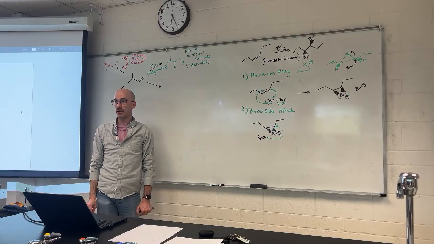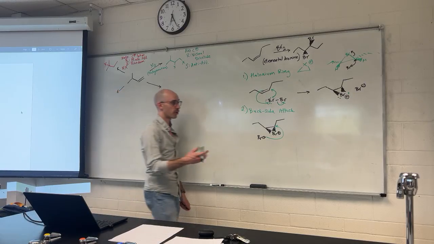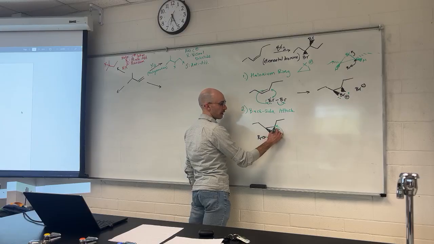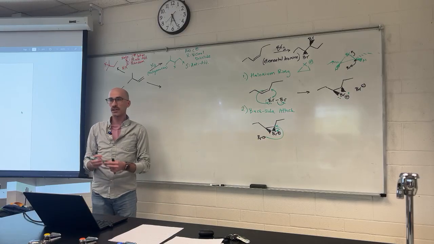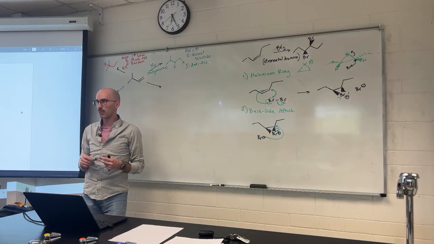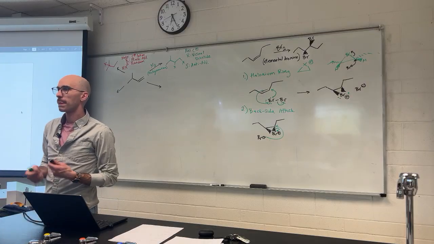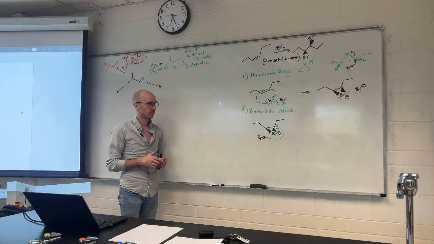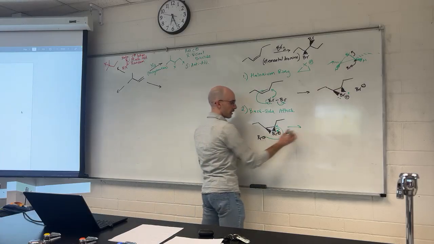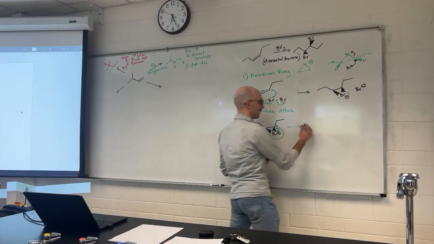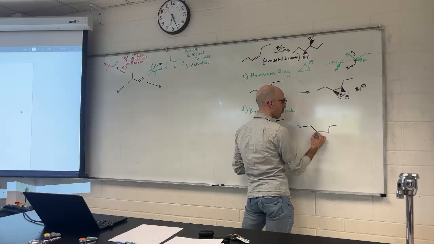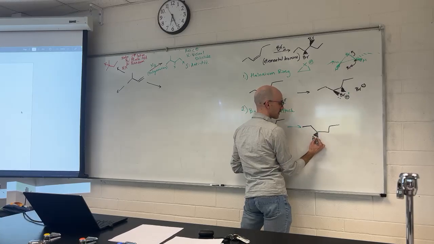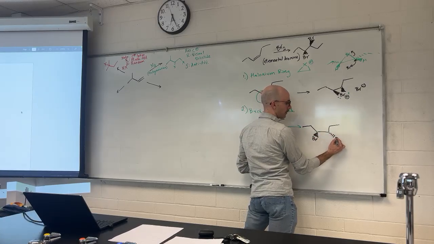Bromide attacks carbon. Carbon-bromine bond breaks open to bromine. Why does bromine take the carbon-bromine bond? More electronegative. Pulls the electrons to itself. In doing a backside attack, the new bromine has opposite stereochemistry of the old bromine.